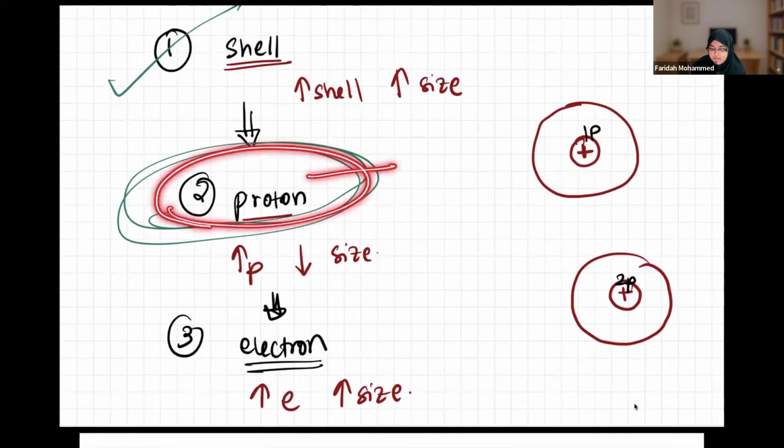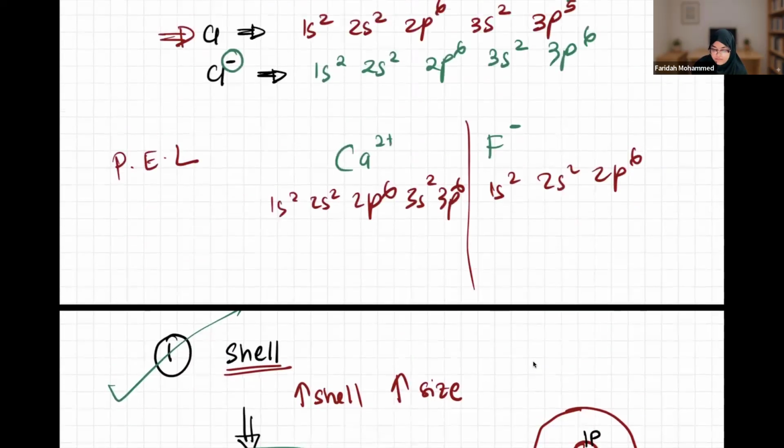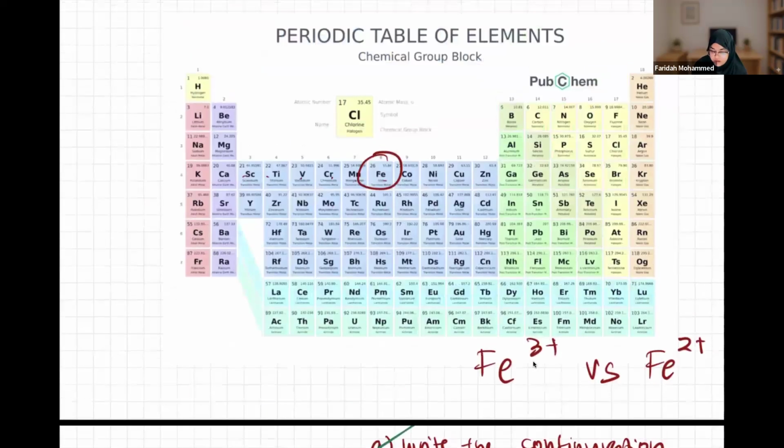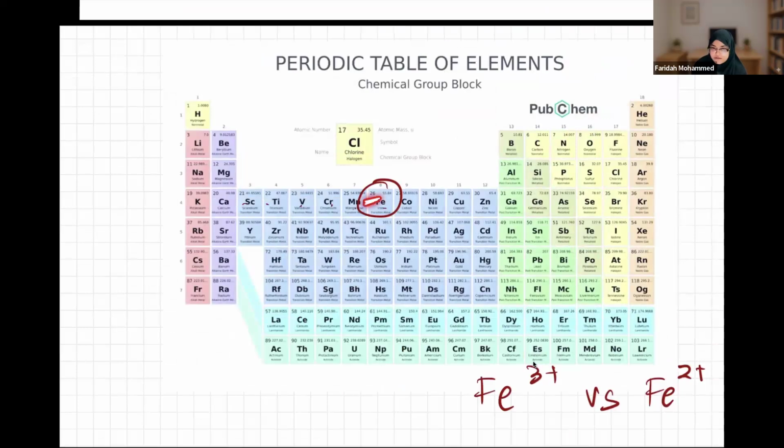How do you know the number of protons? The number of protons will not change for an element. It is just the atomic number. Because these are the same element, iron, the number of protons is 26.